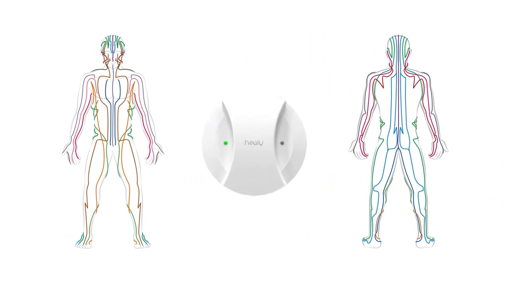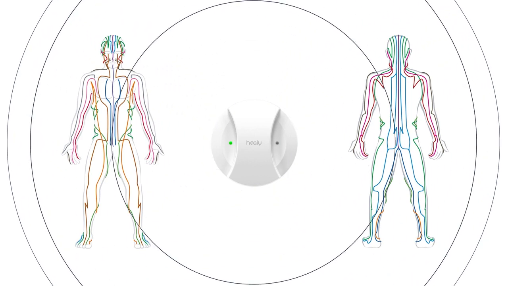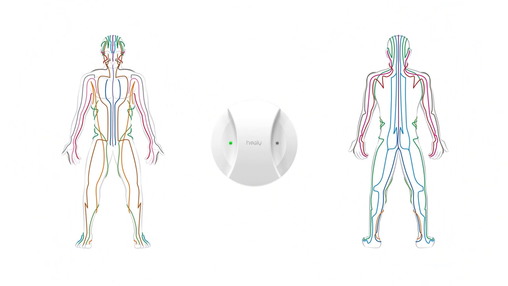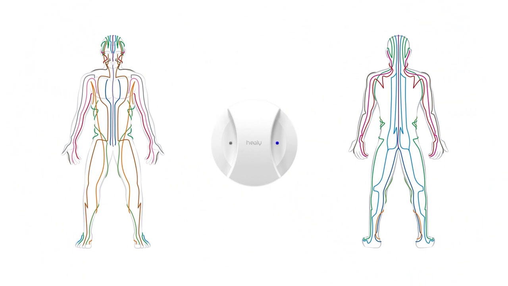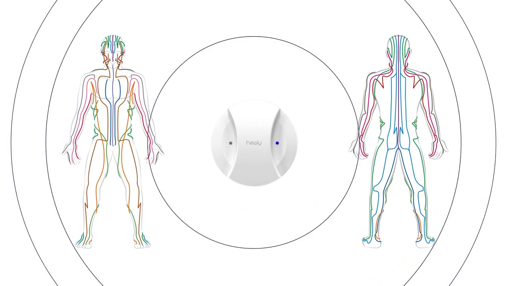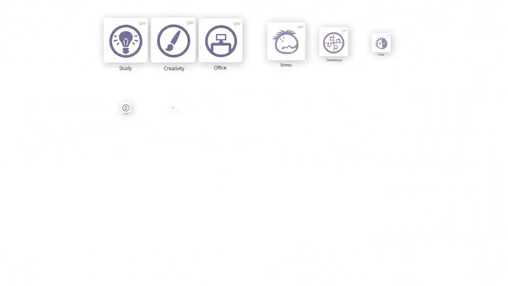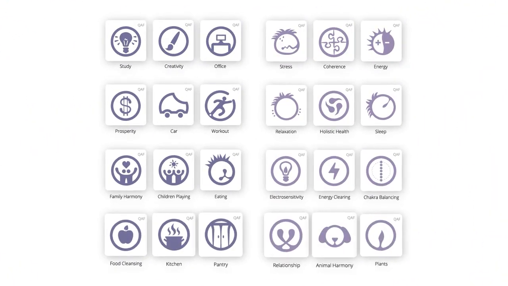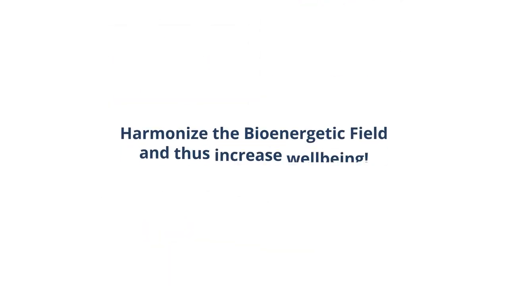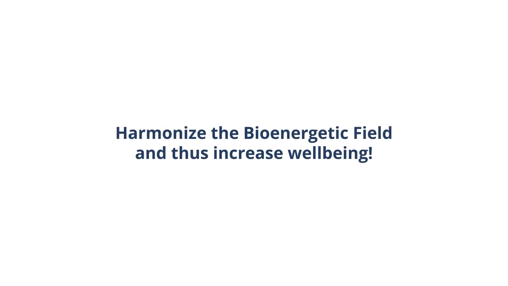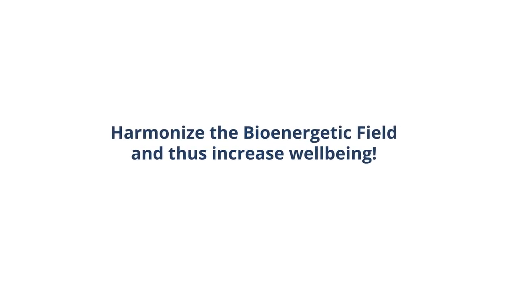Figuratively speaking, we could say that the MagHealy Quantum Analyzed Frequency, or QAF programs, tune our bioenergetic system like a stringed instrument and then play a harmonic symphony on this freshly tuned instrument. For this purpose, as with all QAF programs, the appropriate frequencies are analyzed in the information field by a noise generator. The goal here is to harmonize the bioenergetic field and thus increase well-being.